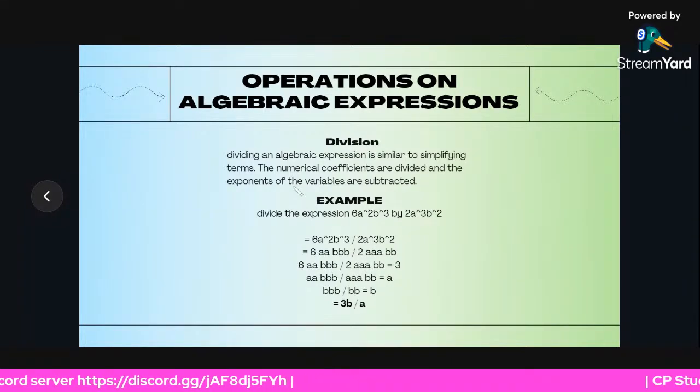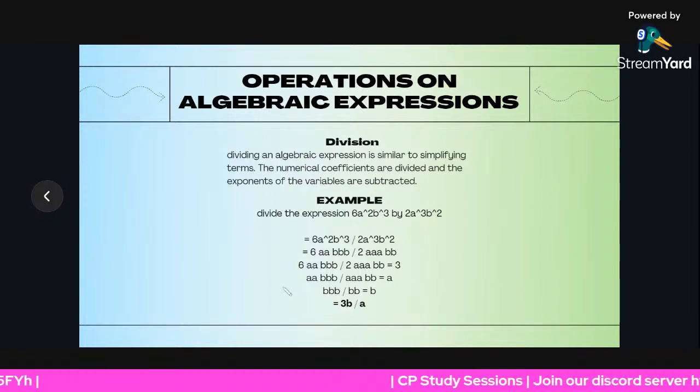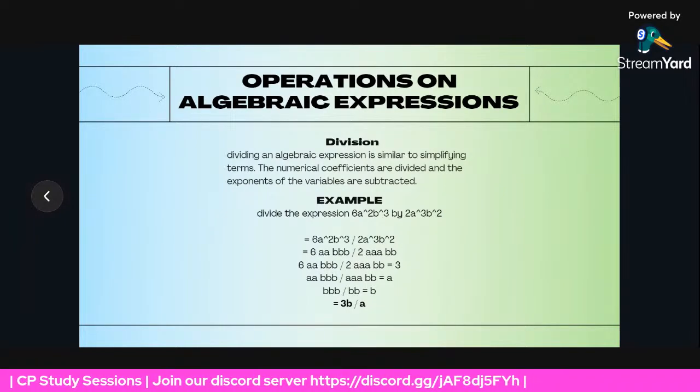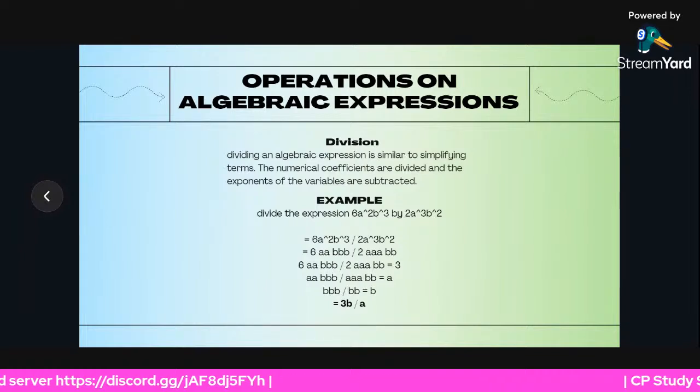So, sabi kanina, the numerical coefficients are divided. So, since you have 6 and 2 as the numerical coefficients, 6 divided by 2 is equal to 3. So, ang numerical coefficient nyo is 3.